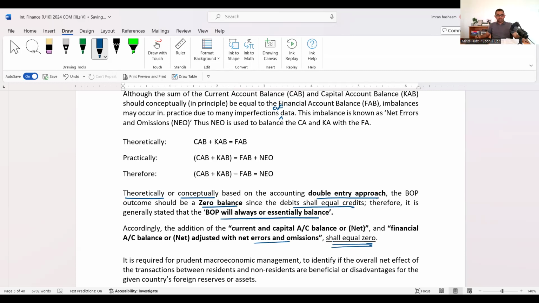The outcome should equal 0, theoretically. Are we clear? There can't be, now this is where I'm coming from. There can't be something called the overall balance. There doesn't need to be an item called the overall balance. Then why do we actually estimate or have something called the overall balance?